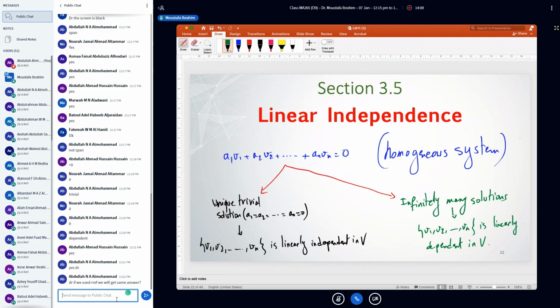Always REF or RREF, you will get the same result for sure, but RREF takes more time.